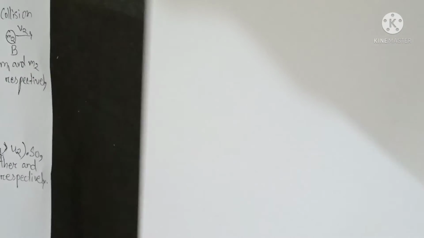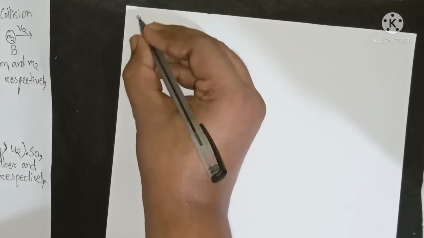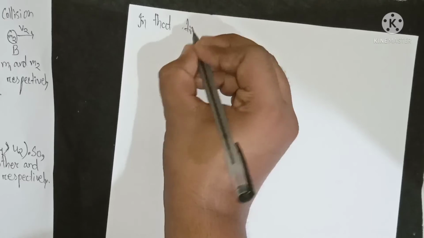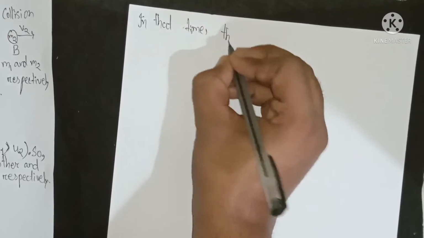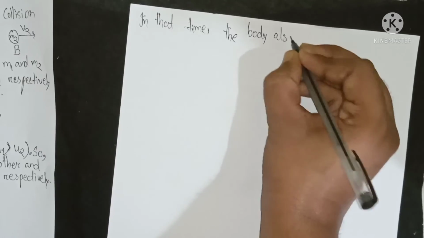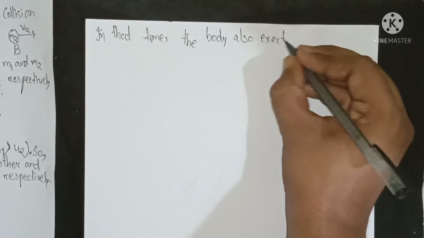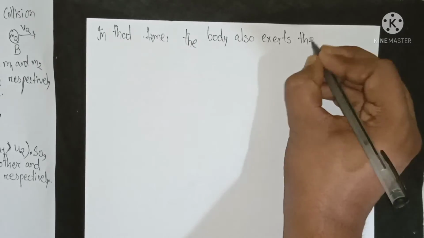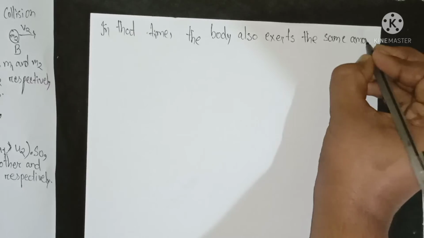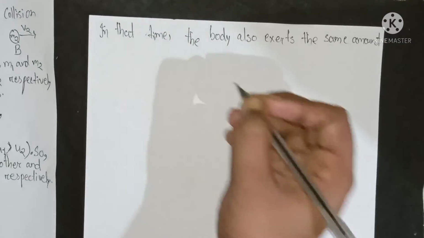Okay, so we'll continue with it. In that time, the body also exerts the same amount of force, and we're talking about which body? We're talking about body B on which the force is acting.